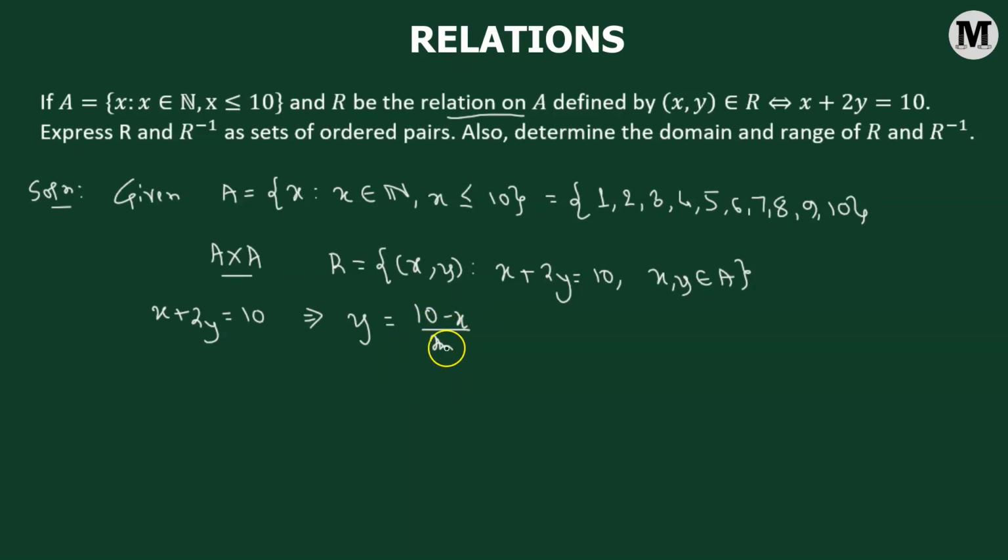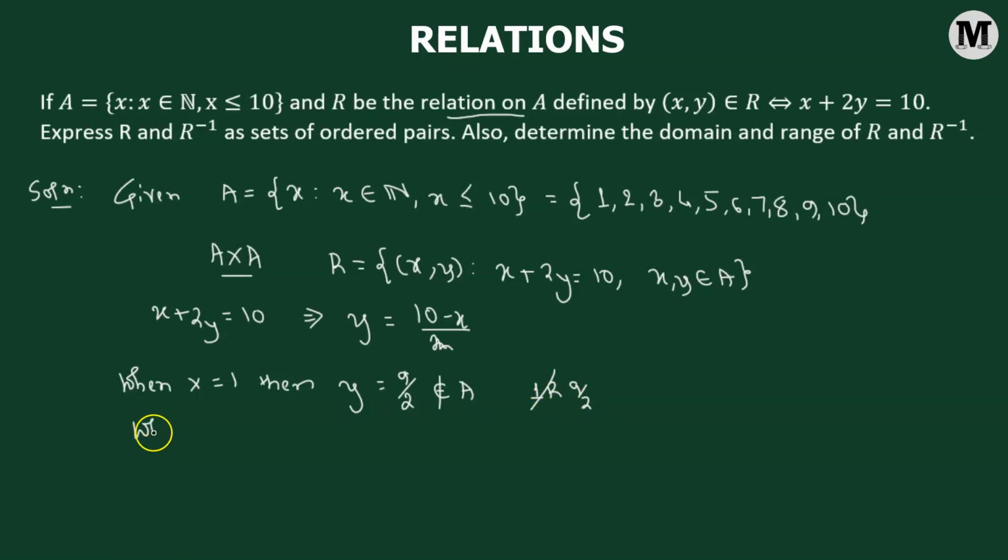When we choose x equal to 1, our corresponding y value is going to be 10 minus 1, so that's 9, and 9 divided by 2, so we have 9 over 2. However, 9 over 2 does not belong to the set A. So that means we do not have a relation here, and we are not going to consider this.